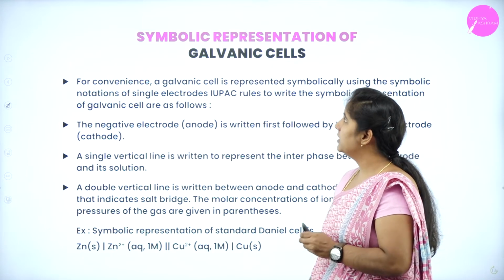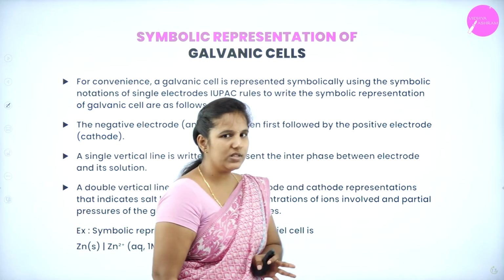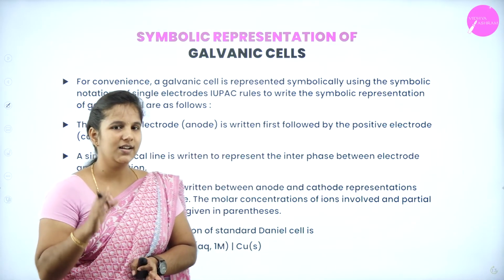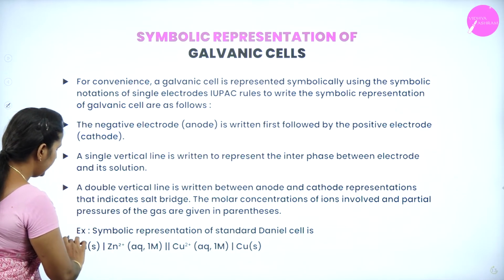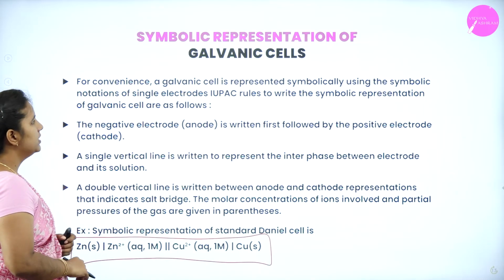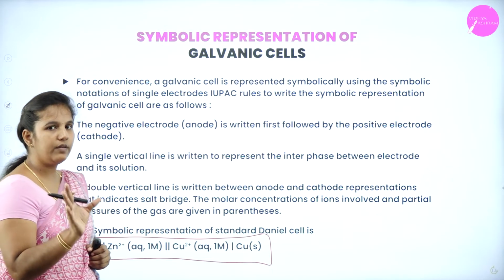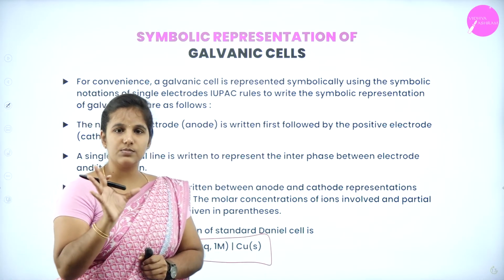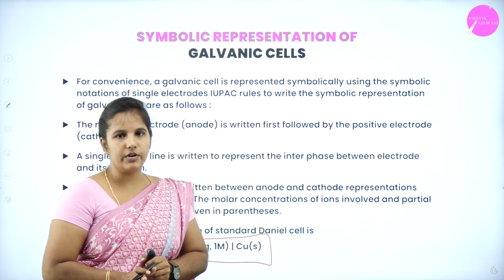We'll see the symbolic representation of the galvanic cell. How do we symbolize the cell after the reaction? I have taken the example of the same cell reaction we have just discussed. Why do we need to symbolize this? We have taken 2 different electrolytes placed in containers, and 2 different electrodes.